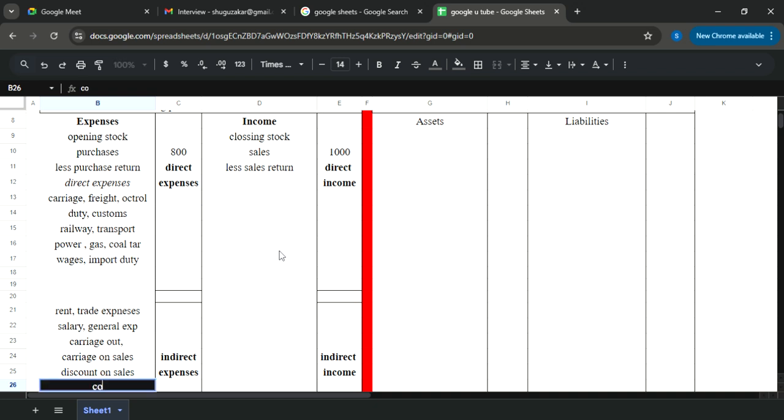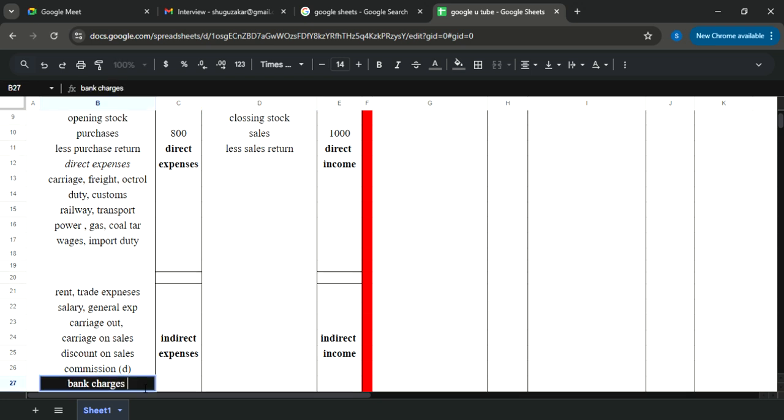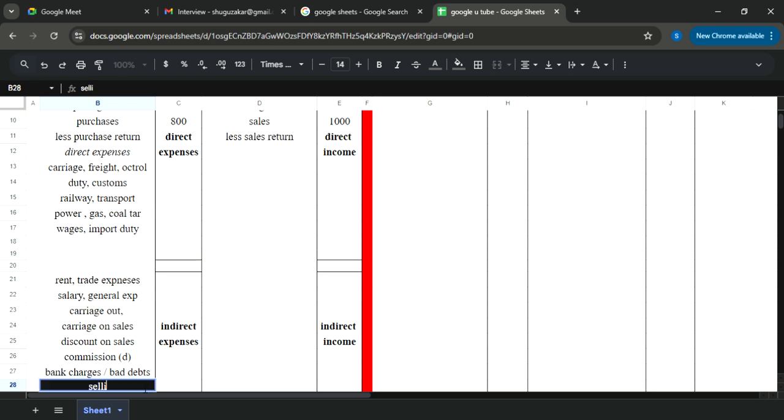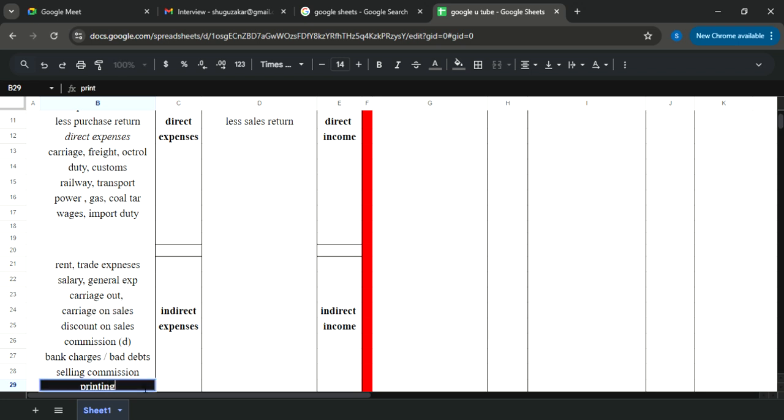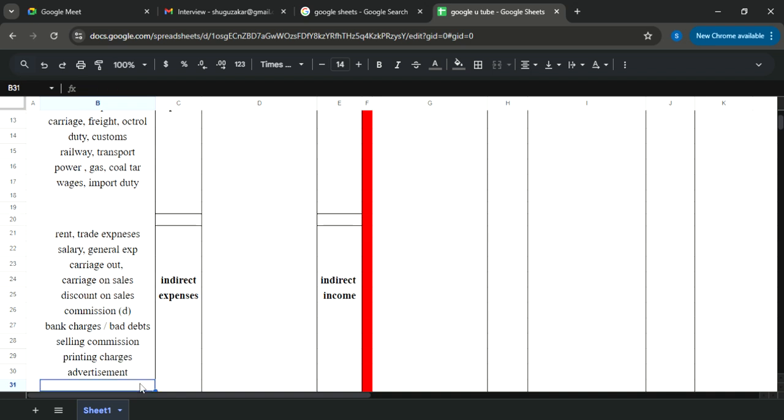and then commission, which is written on the debit side, bank charges, or here you can write bad debts as well, then selling commission, printing charges, advertisement, electric charges.